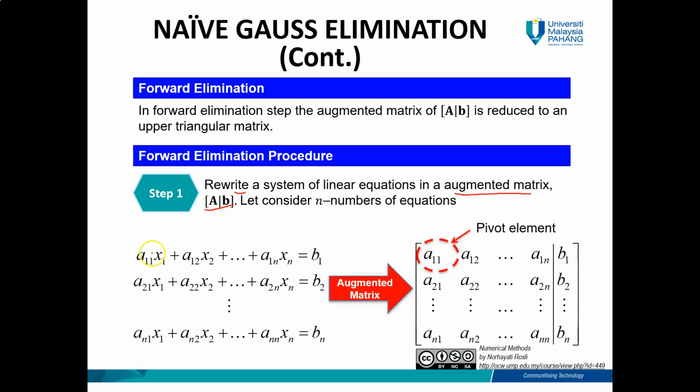For example, if you have this kind of system, it means that we transform it into an augmented matrix, where the coefficients for all x for the first equation become now A11, A12, A1n up to Ann, and this one here is our vector B, given by what is on the right of the equal sign, which is all B. So this is the augmented matrix form.